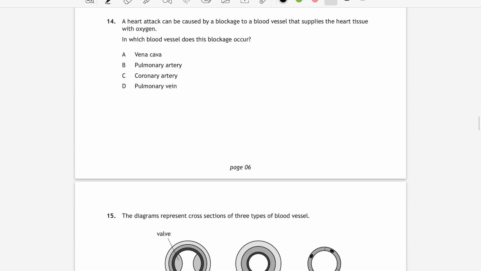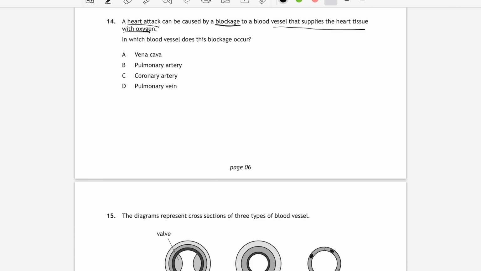A heart attack, this is question 14. A heart attack can be caused by a blockage to a blood vessel that supplies the heart tissue with oxygen. In which blood vessel does this blockage occur? Again, pause the video and have a think. Okay, so with 14 here, we've got a heart attack and a blockage in a vessel that supplies the heart tissue with oxygen.